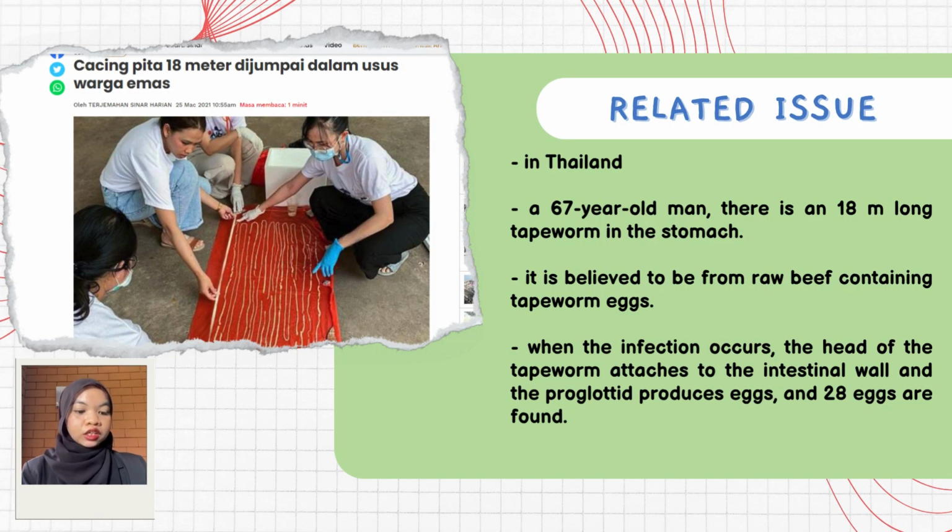A related issue in Thailand: a 97-year-old Thai man was told he had an 18-meter-long tapeworm in his intestines. He experienced abdominal pain and rushed to the hospital in the Nong Khai region, believed to be from raw beef containing tapeworm eggs.